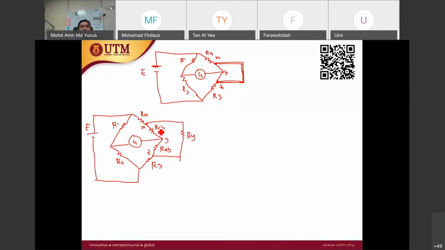It is known that the ratio of RCB over RAB is equivalent to R1 over R2. So this is the first one.